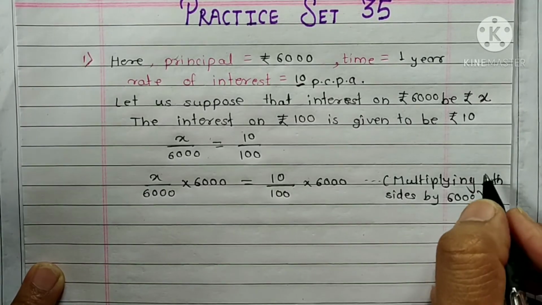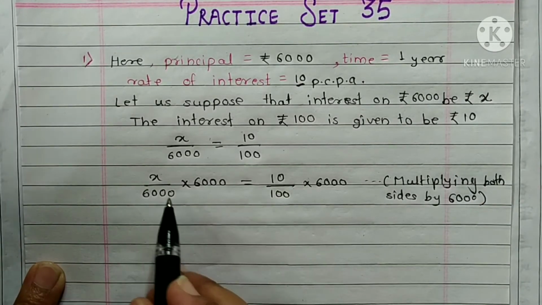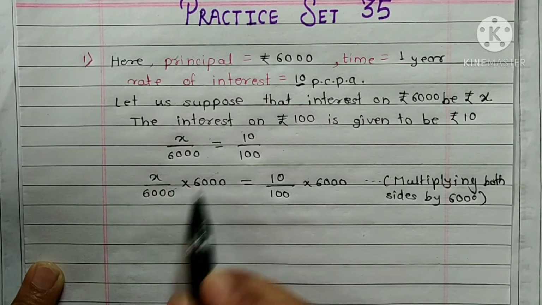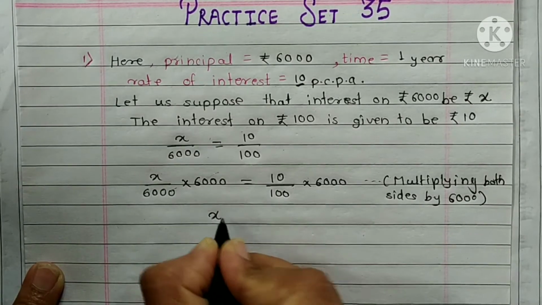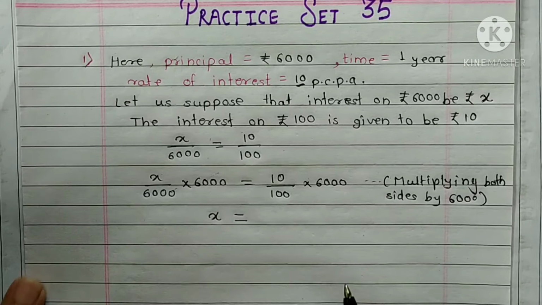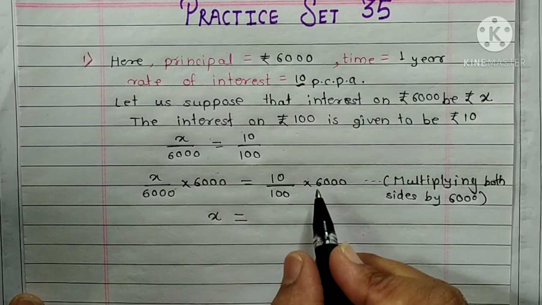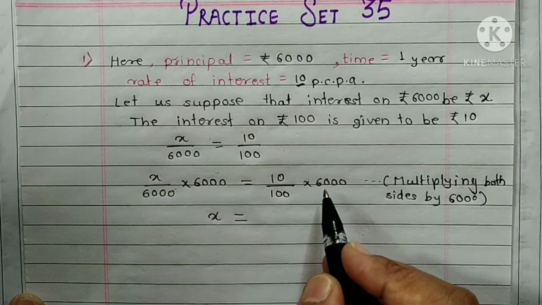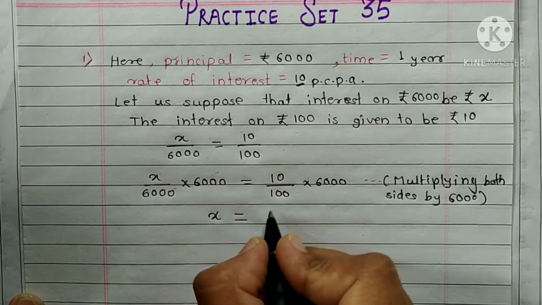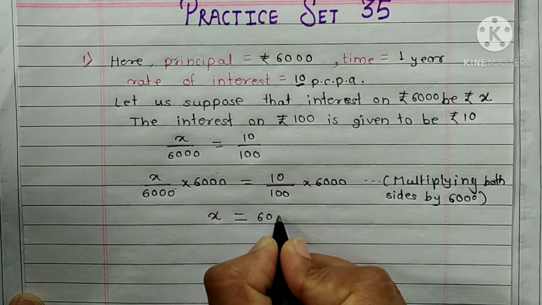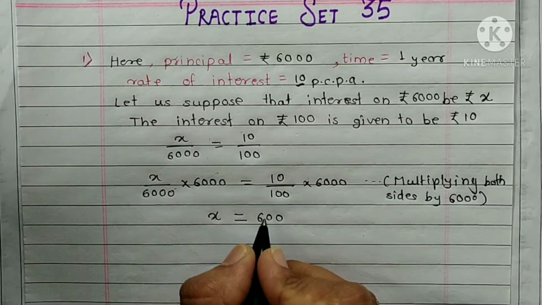Now simplify this. The 6000 cancels, and only x remains, which is equal to, after simplification, 600. So x equal to 600.